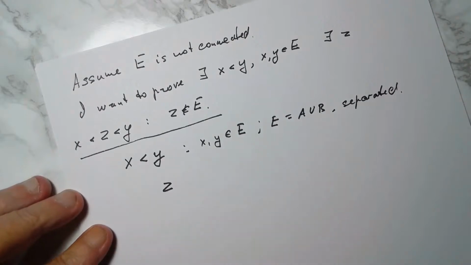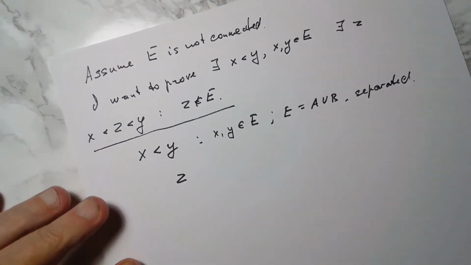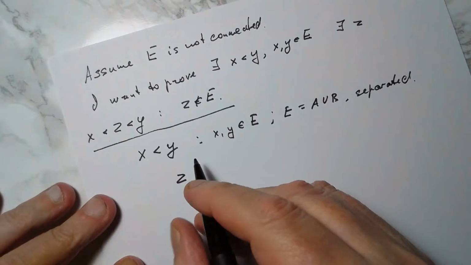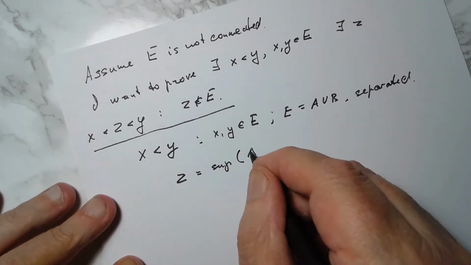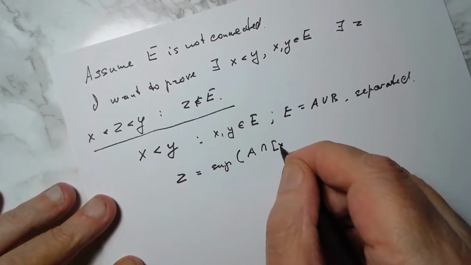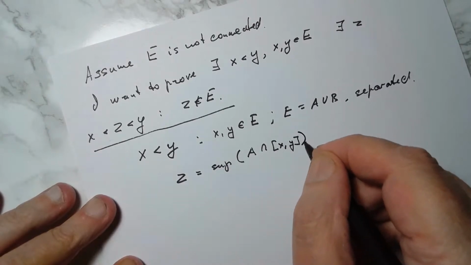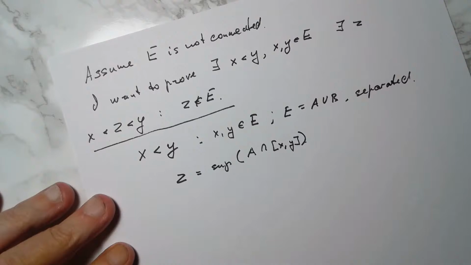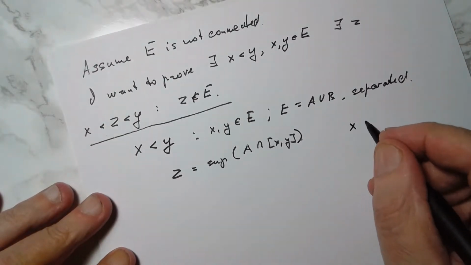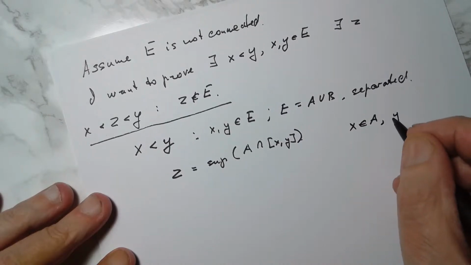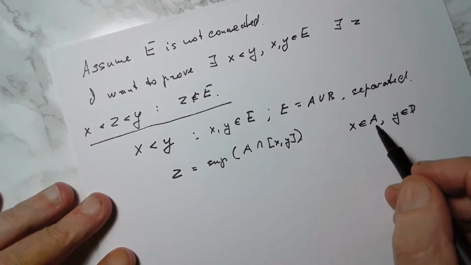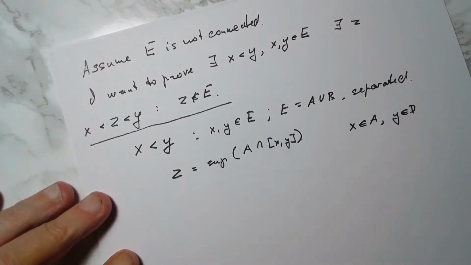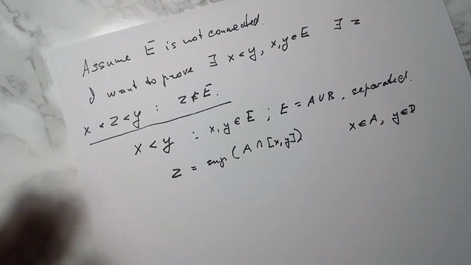So the point z will be somewhere between x and y, and I'm going to pick it very, very carefully. I'm going to pick the point z as being the supremum of A intersected with the interval x, y. In other words, I'm taking this first set A over here. So x is in A, and y is in B, right? So E is equal to A union B.